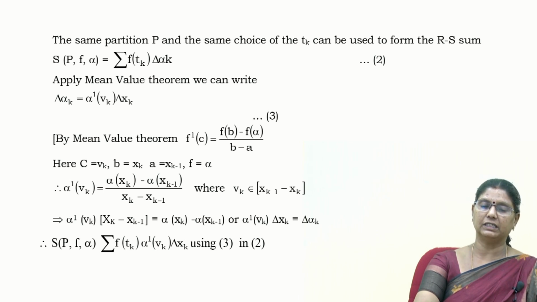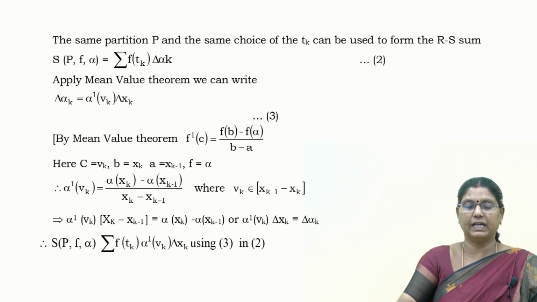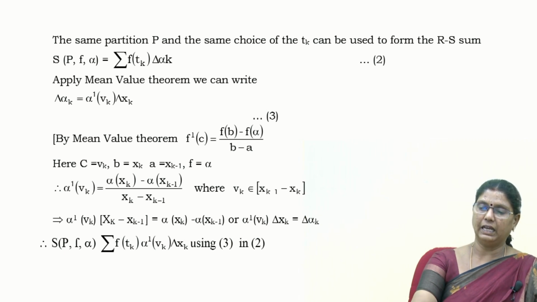Based on this, we write alpha dash of vk into xk minus xk minus 1 equal to alpha of xk minus alpha of xk minus 1, or otherwise, alpha dash of vk into delta xk is equal to delta alpha k. Thus S(P, f, alpha) can be expressed as the summation of f of tk into alpha dash of vk into delta xk. This is from 3 in equation 2.